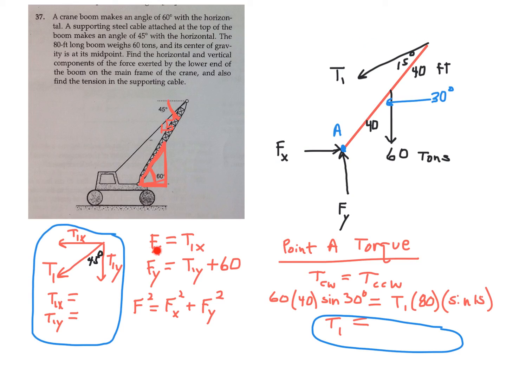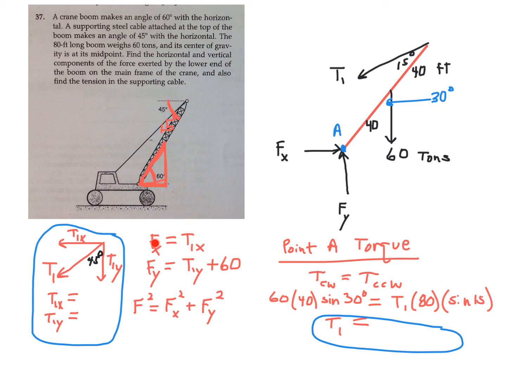So Fx has to equal T1x, which I now know from over here. So T1x will have that component that we just figured out, which will be equal to Fx. So those are the only two forces. They have to balance for translational equilibrium. So once I know T1x, I know Fx. That's part of what we're looking for here.